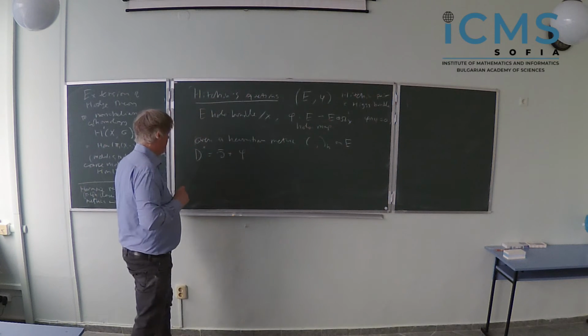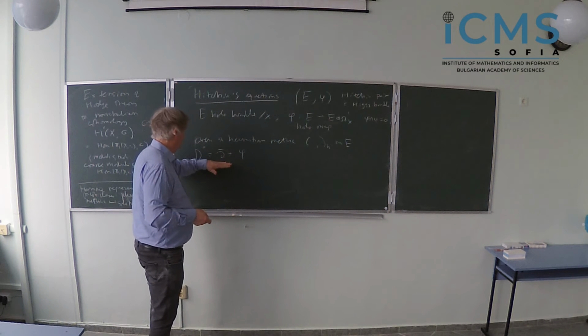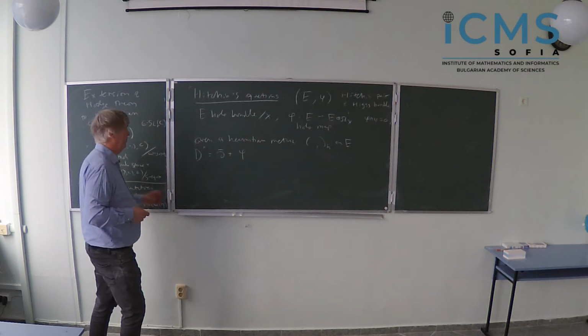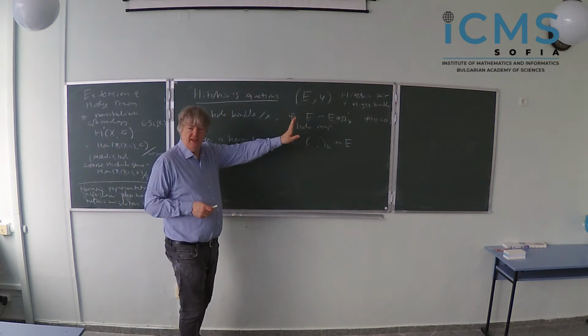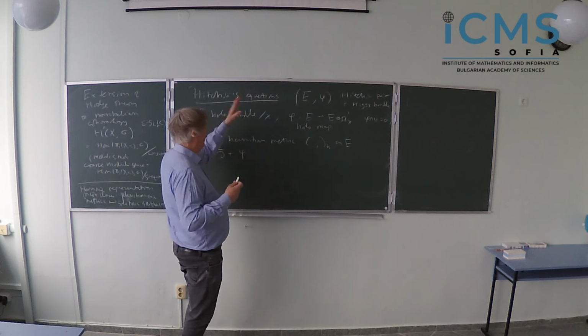So, I mean, this was not Hitchin's motivation for this operator, but as we saw last time, you can motivate this operator by Hodge theory. So this is exactly what we saw last time, but we don't suppose anything about a Hodge decomposition, okay? We just have a bundle and an operator.